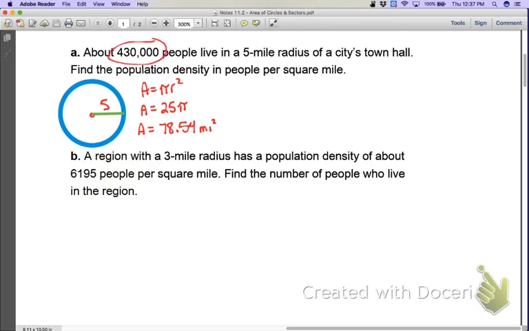There are 430,000 people in that circle, living within that circle. It wants to know how many people are per mile. So I'm going to take the 430,000 and I'm going to divide by 78.54. So 430,000 divided by 78.54.